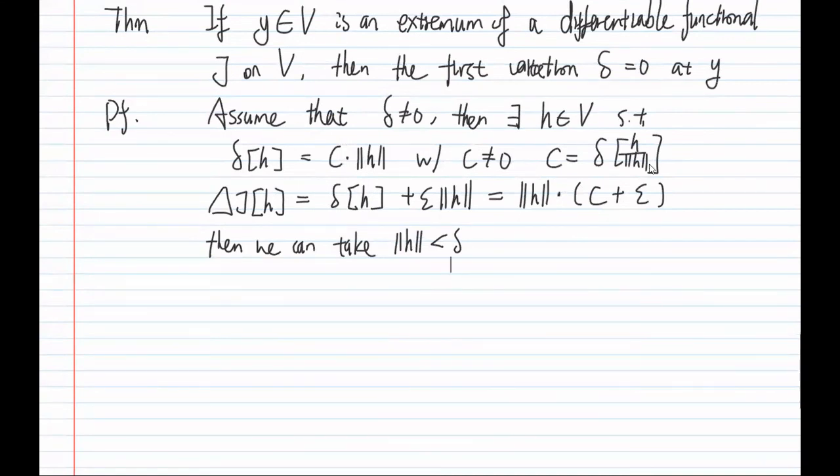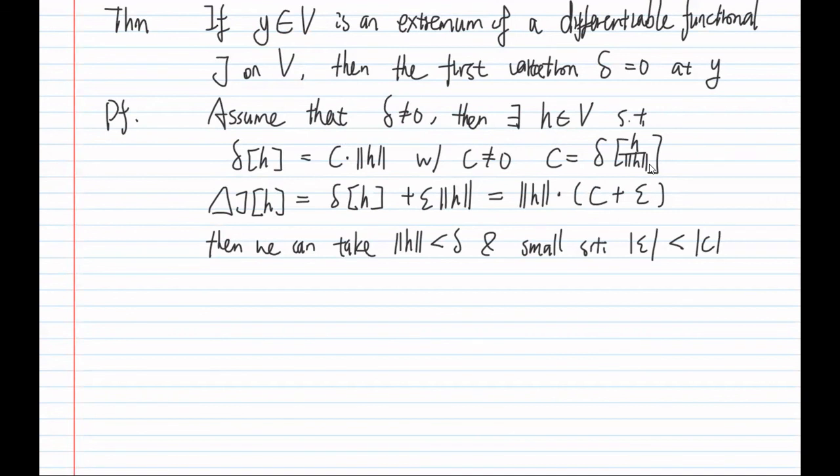So we take the norm of h to be less than delta and small, such that the absolute value of this epsilon is less than the absolute value of c, right? Because that's possible, because when h approaches 0, this epsilon would approach 0 as well.